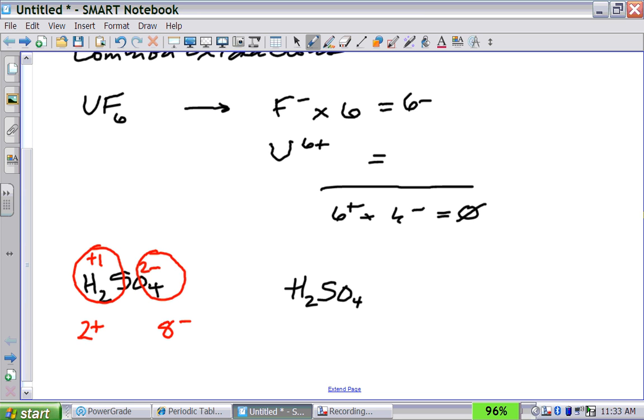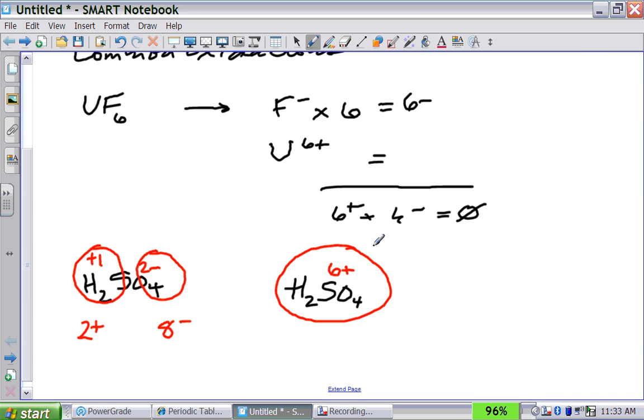And so in this case, sulfur must have a 6 positive oxidation state if this molecule is going to be charge neutral. And in fact, we find out, yes, one of sulfur's common oxidation numbers is in fact 6+.